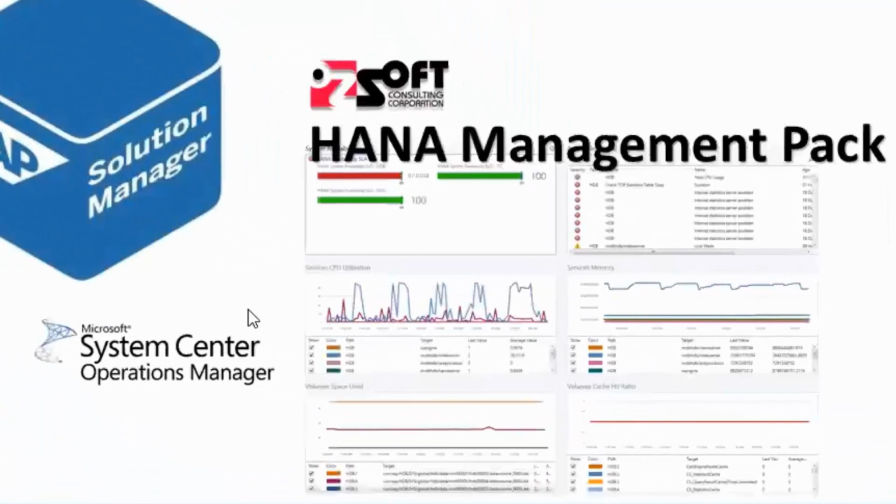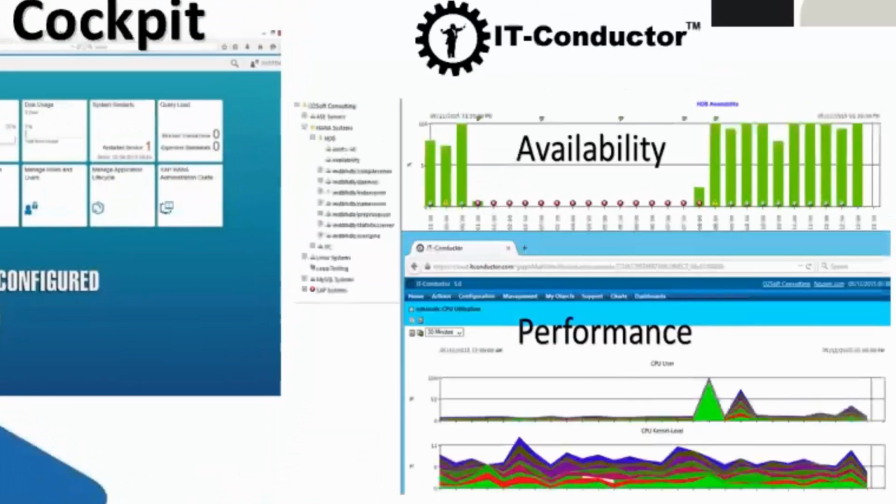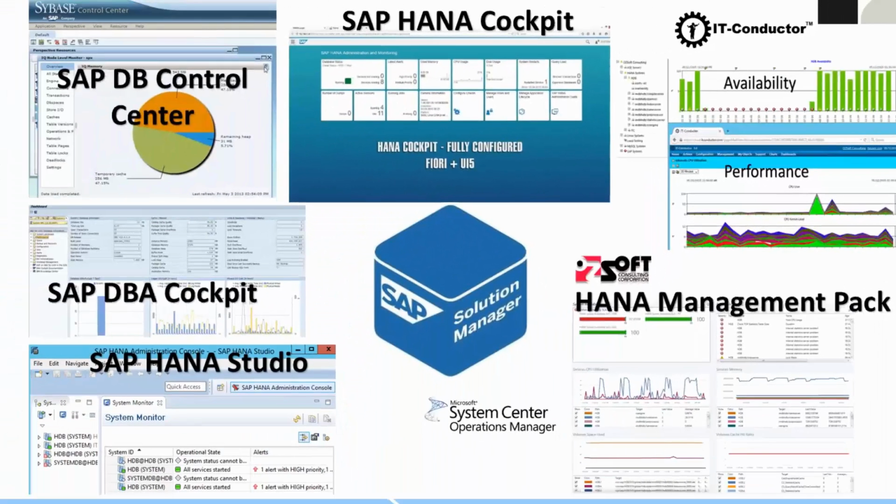And from us, there is the SAP HANA Management Pack from OSIsoft in conjunction with System Center Operations Manager. That's the Microsoft SCOM monitoring framework, the enterprise solution. And of course, we have the IT-Conductor platform, which is the cloud-based, agentless, subscription-based monitoring. So those are some of the tools that are available. There are other tools we have looked at in the past, including SAP LVM, but it's not as extensive, so we won't cover them today.